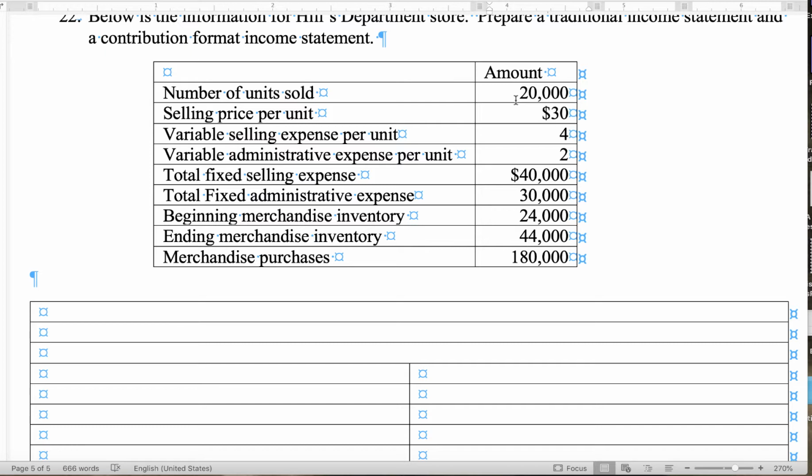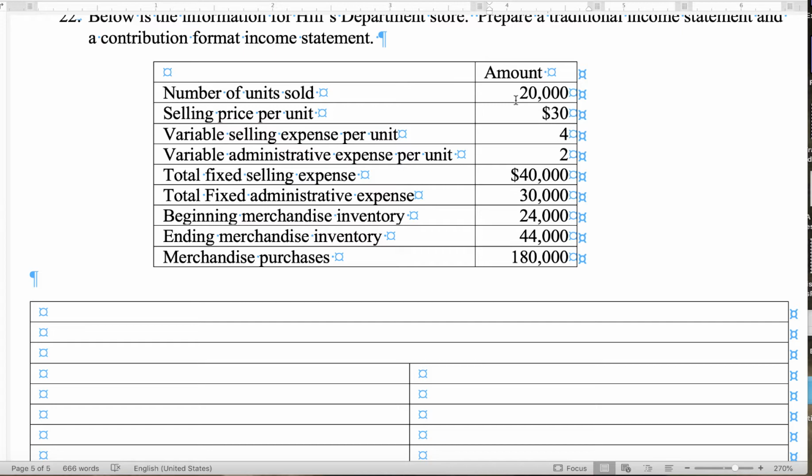They give us a variable selling expense per unit, $4. Variable administrative expense per unit, $2. They give us our total fixed selling of 40,000. They give us our total fixed administrative expense of 30,000, and they give us beginning inventory, ending inventory, and purchases.